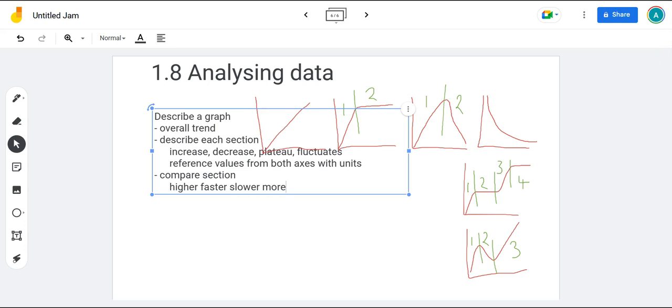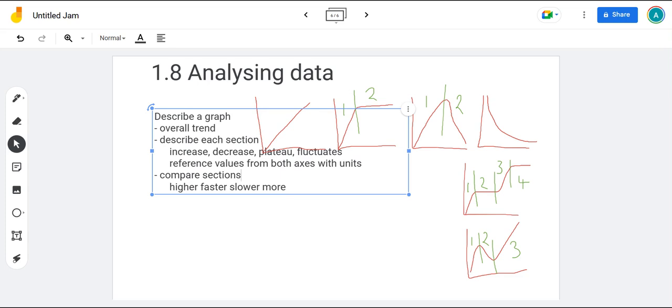So section 1 is increasing faster than section 2, or it increased faster between 1 to 10 minutes than it did from 10 to 20 minutes. So compare the sections of your graph.